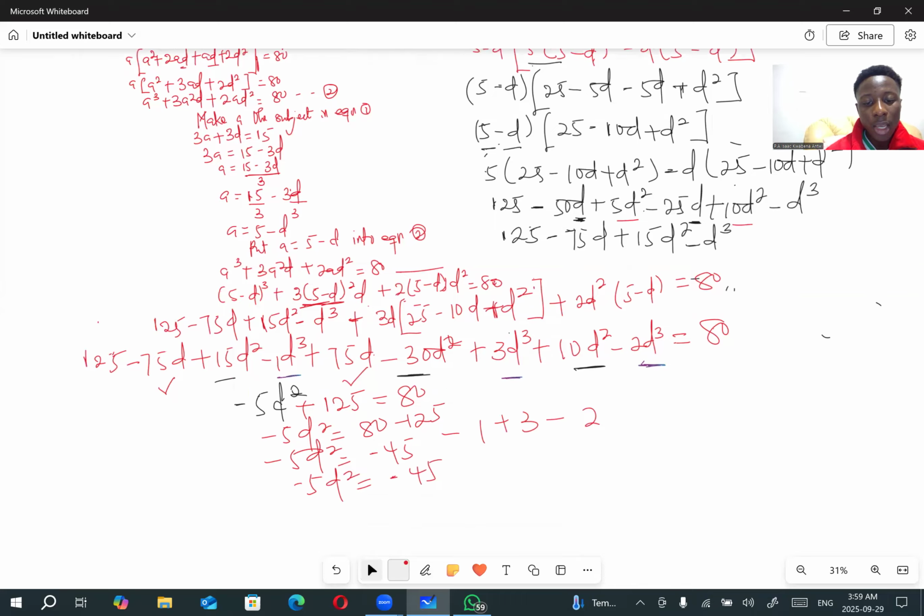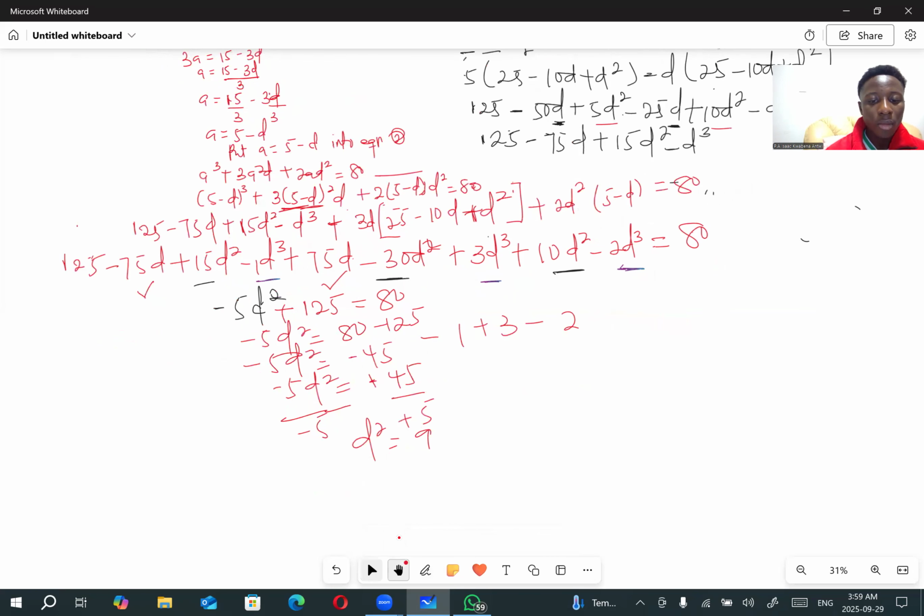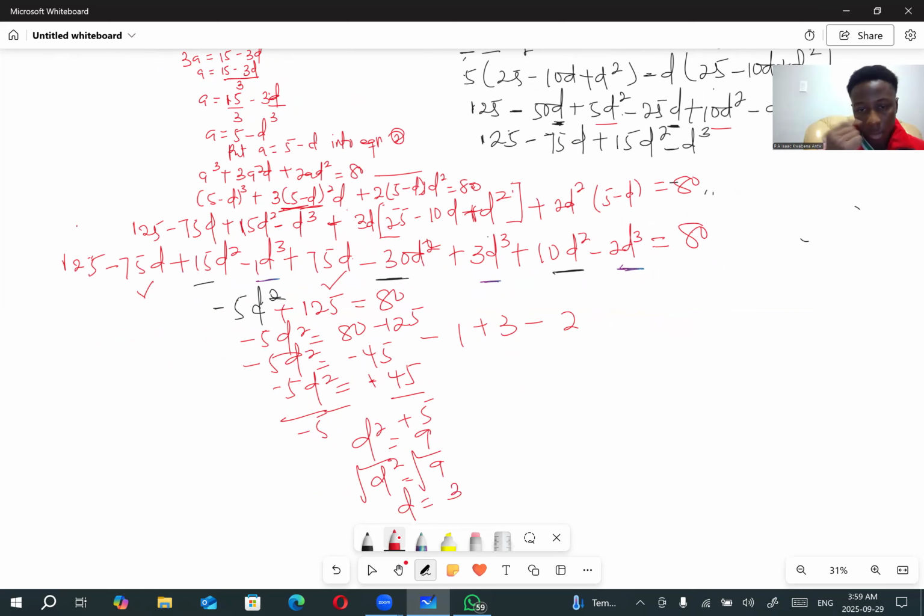First, you have to clear whichever one is attached to it, so that would mean taking away the -5. It will cancel, so now I have d squared equal to -45 over -5, which is 9. Then to find d, you have to take the square root. So d will be equal to 3.